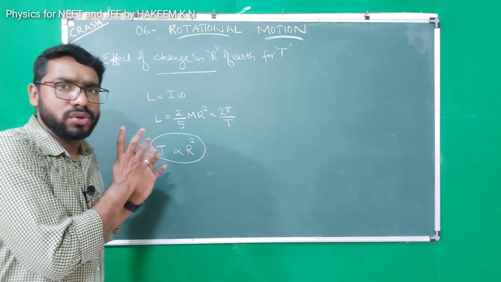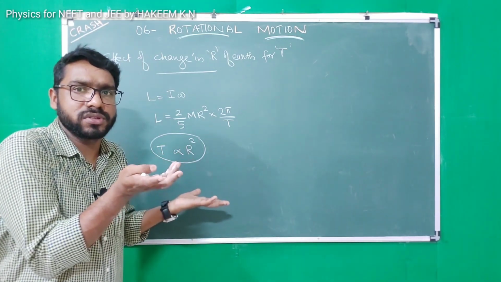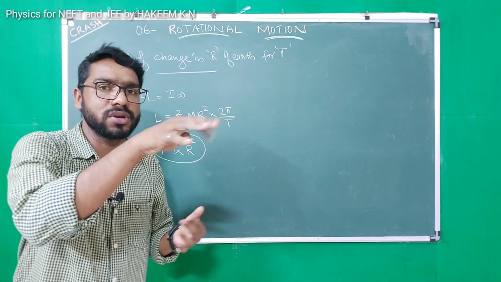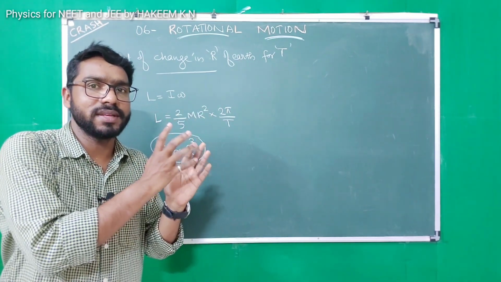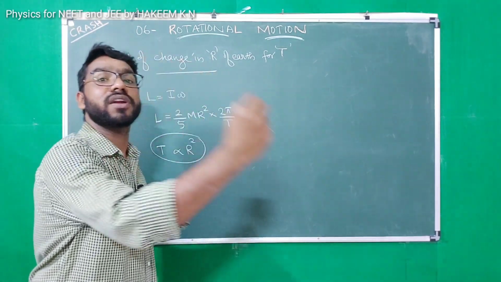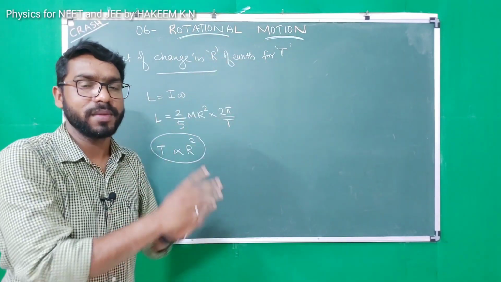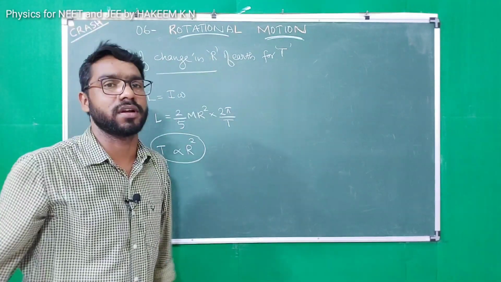You may get confused with Kepler's law of periods, that T square is proportional to r cube. That time period is actually the time period of revolution of Earth around the Sun, so don't get confused with it. We will discuss that in the next chapter, gravitation.